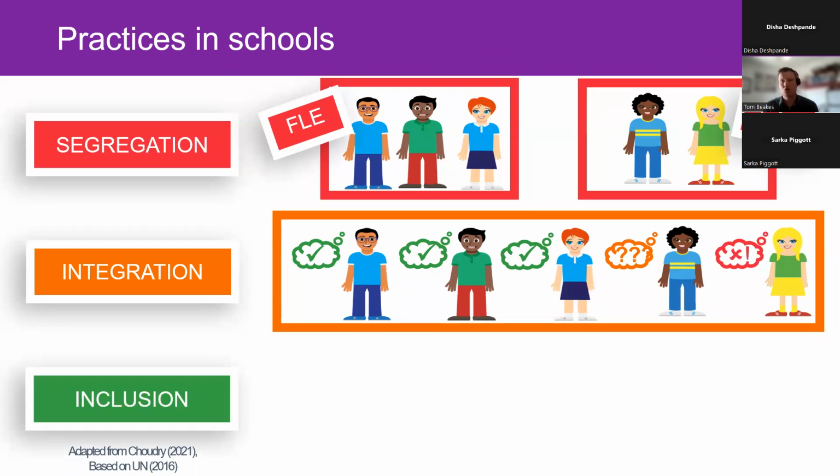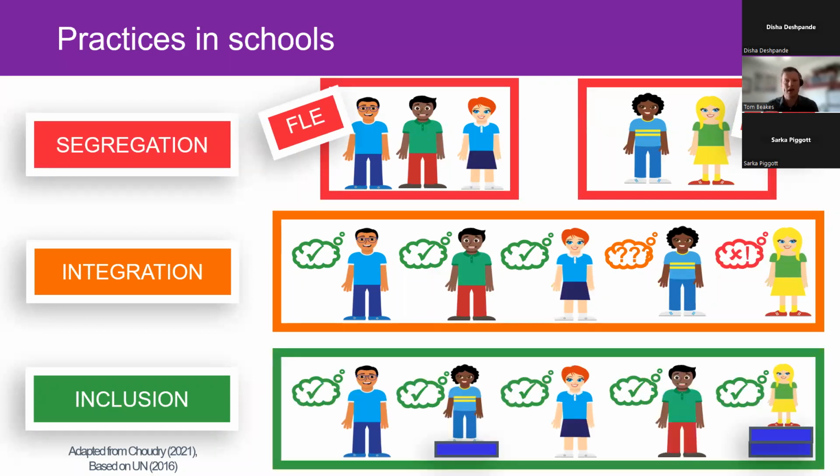And other schools are fully inclusive in their provision and practices. Inclusion occurs when all pupils are educated in regular classrooms alongside same-aged peers with appropriate adjustments to the environment, curriculum, pedagogy, and assessment. Now, these are simplifications of what in most schools can be a very nuanced and combined approach to EAL provision.